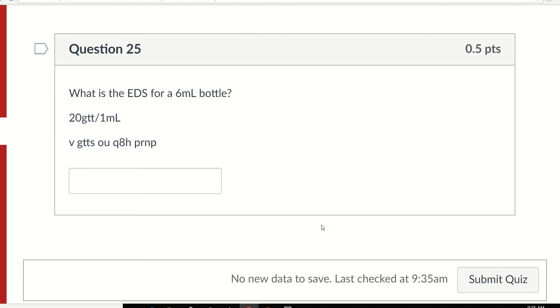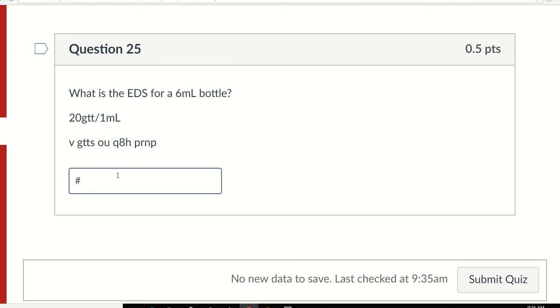All right, lastly, EDS. We have to do an extra conversion for drops. For eye drops and ear drops, we're going to estimate in this class 20 drops per mL. So if I have a 6 mL bottle, how many drops do I have? 6 mLs, 20 drops per mL. How many total drops is that?